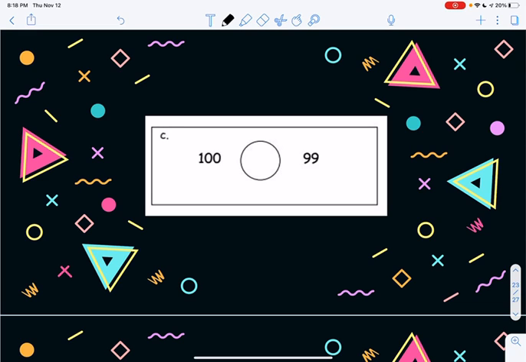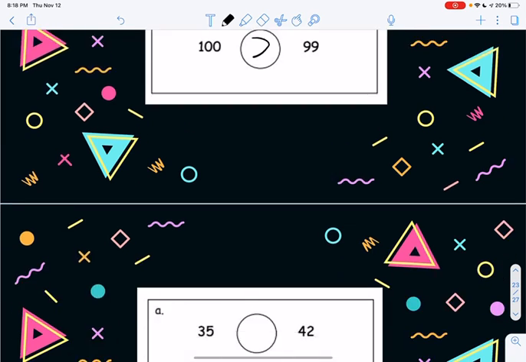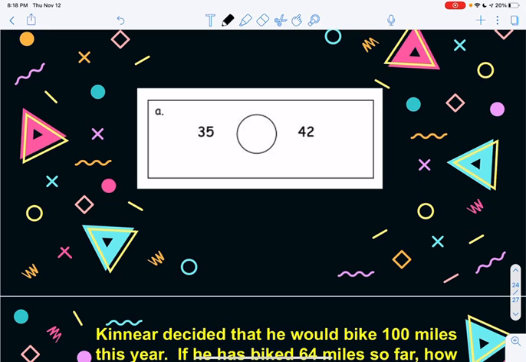All right, what's bigger? 100 or 99? 100. Whenever you're comparing straight numbers, you just got to see which one's bigger. And 100 is bigger than 99. 35 and 42.